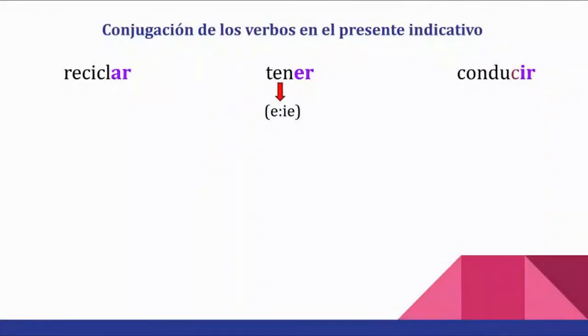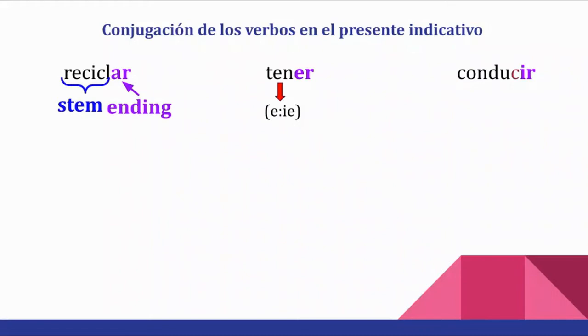So let's check real quick how we conjugate verbs en el presente indicativo, the present indicative. Por ejemplo, el verbo reciclar, to recycle, tener, to have, conducir, to drive or to conduct. Remember that we have seen that in order to conjugate the verb in the present tense, we need to consider the stem and the ending.